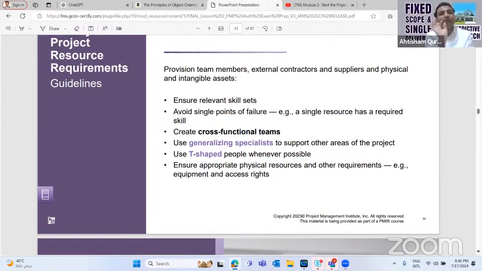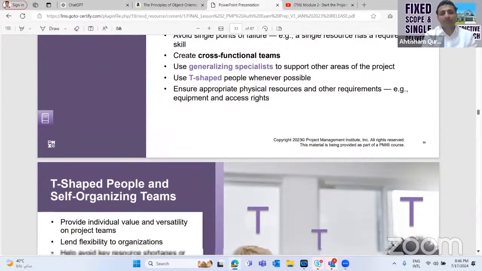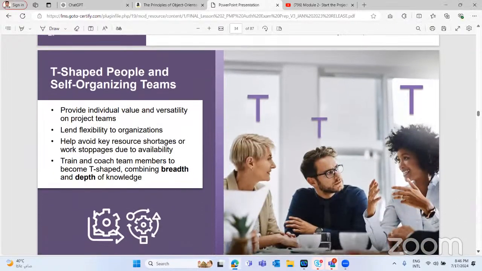But the difference between generalizing specialist and T-shaped is that T-shaped is actually skilled in one or many of the skills. I mean, they have cross-functional knowledge, but they are actually skilled and specialists in one of those fields. But generalizing specialists have tendency to learn anything. Got it? Good.